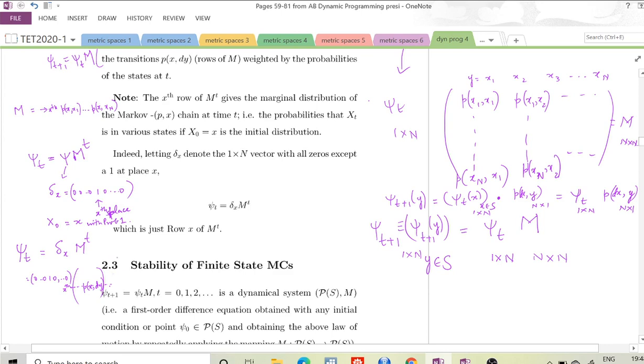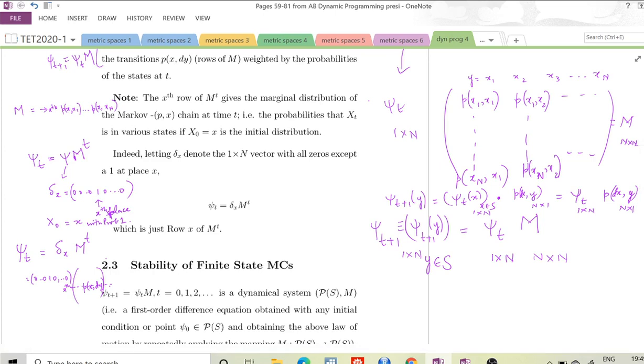Okay. So what is it saying? It's saying that if you start in a specific state x at time t equals 0, then at time t, the probabilities of being in the different states is given by the xth row of the matrix m raised to the t. Okay, so now compare with the transition matrix m.